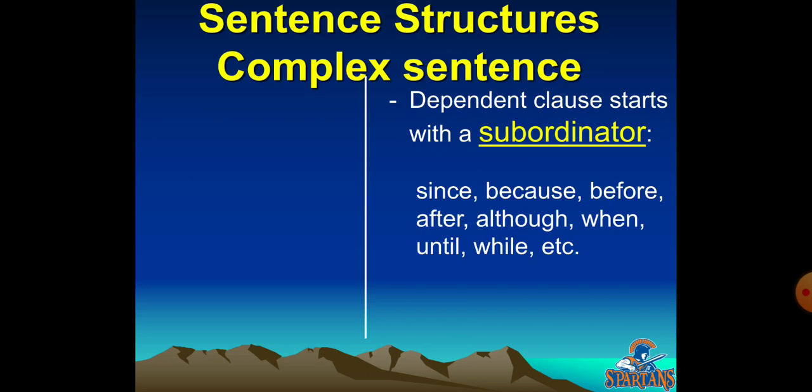In a complex sentence, the dependent clause starts with a subordinator, which is also known as a subordinating conjunction. Subordinating conjunctions, as you might recall from your previous lesson, are words like since, because, before, after, although, when, until, while, etc.